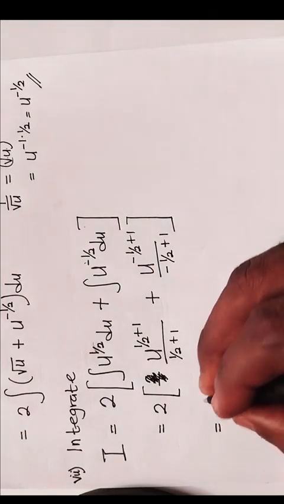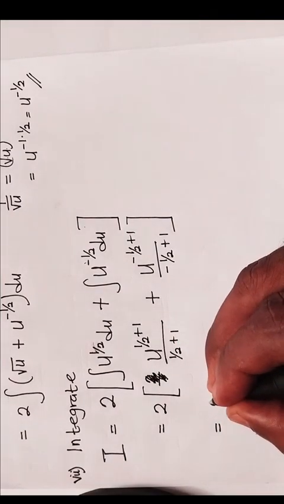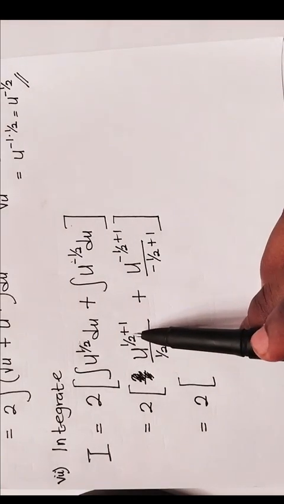So the next on our list here is, this is 2 into, that is 1 all over 2 plus 1 will give us 3 all over 2. 1 all over 2 plus 1 will give us 3 all over 2.